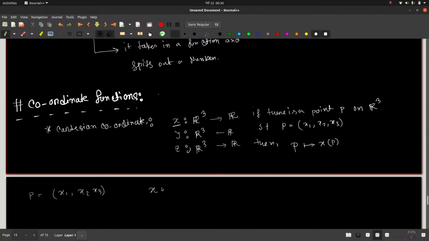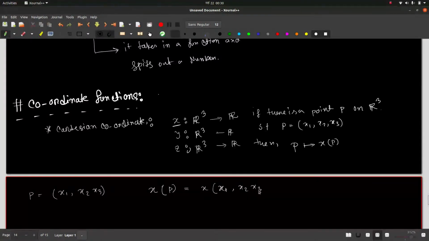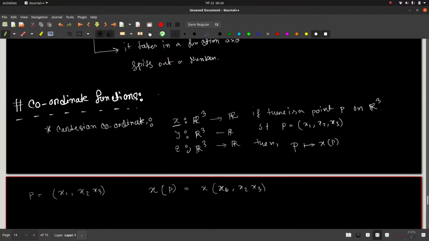That means if P is written as x1, x2 and x3, then acting x, the Cartesian one, over P will result in the following: x1, x2, x3, and it will pick out the first coordinate and just return you x1. How is that happening? Well, we are defining this x function in that way.